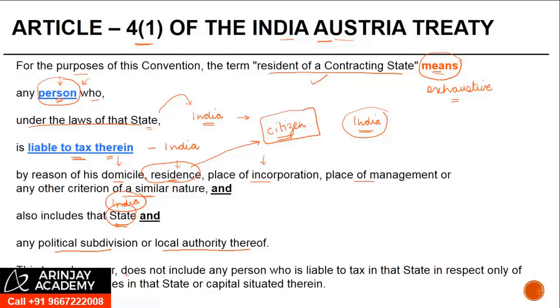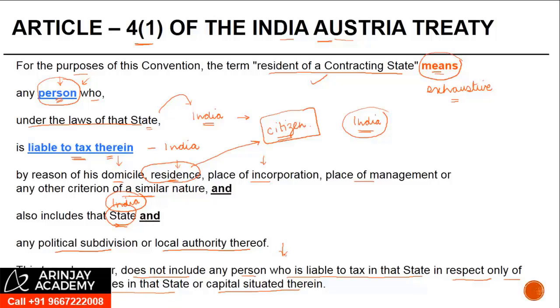This term, however, does not exclude any person who is liable to tax in that state in respect only of income from sources in that state or capital situated therein.